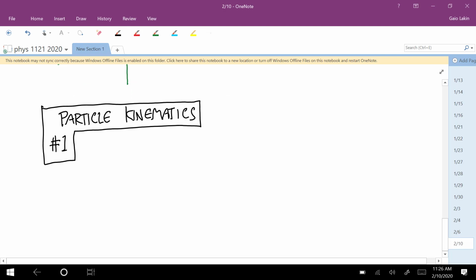Okay, so we have this object, a pool ball that's rolling along the planar surface of a pool table, and it says that its initial velocity vector is 3, -1.